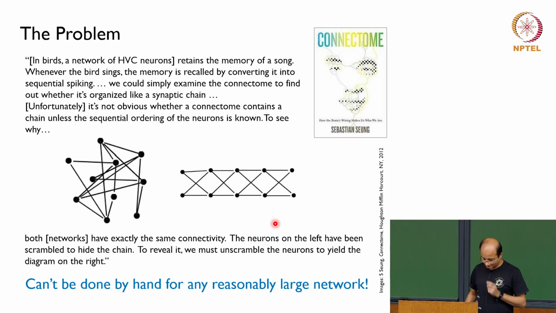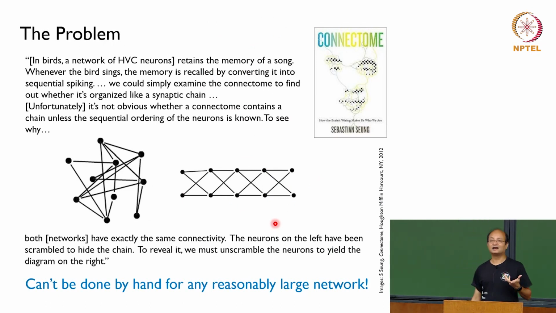So the question is, how do you actually uncover this hierarchical organization? Just as in the case of a modular network, the question was, I give you a network, but then how do I find the modules? The same question you can ask here.